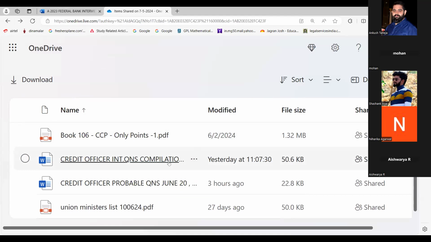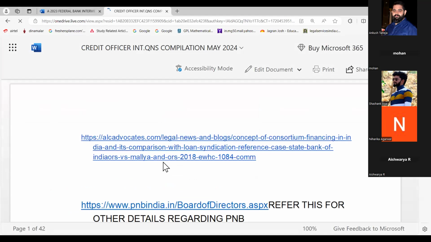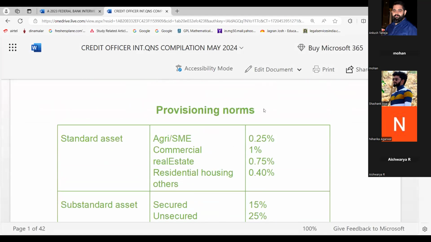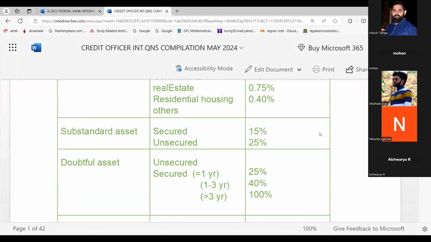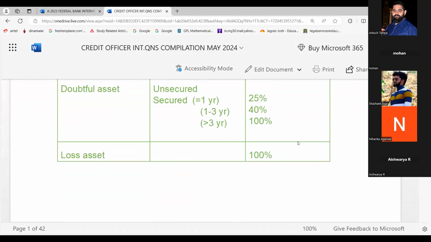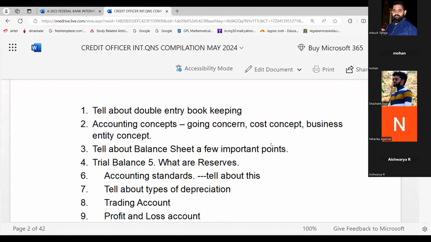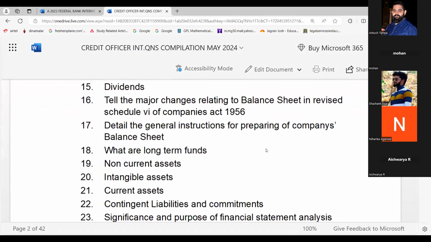This is credit officer interview questions. I am telling for the sake of Jayashree, who has joined today only. Jayashree, here I have given you provisioning norms, then substandard assets, doubtful assets, loss assets. Then I have prepared simple questions on accountancy.